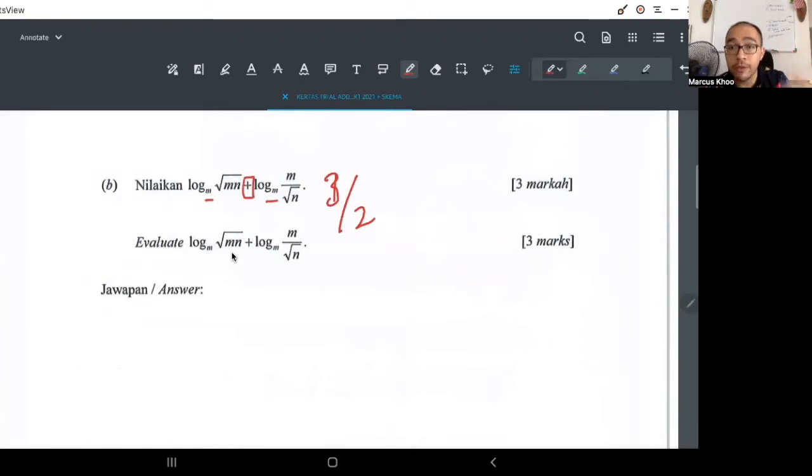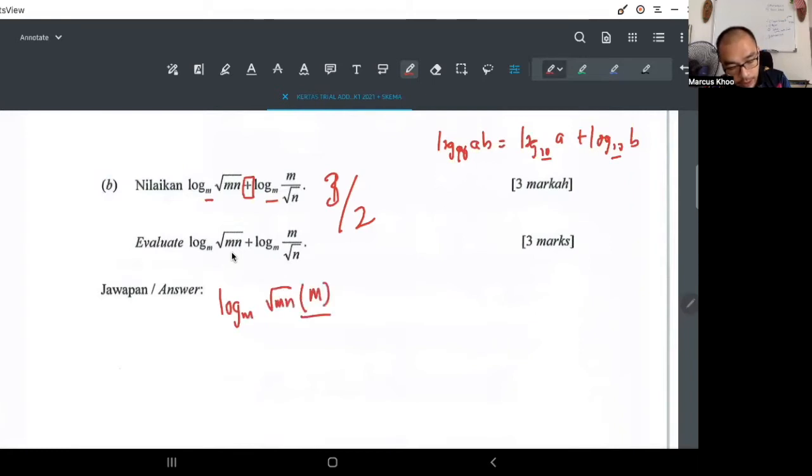So if you remember the first log law, log 10 ab equals log 10 a plus log 10 b, same base, you can combine both together. So if we combine both, it's going to look like log m of root mn times m over root n, and I multiply both together.